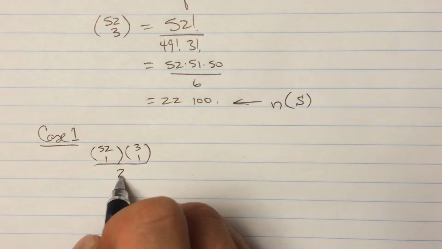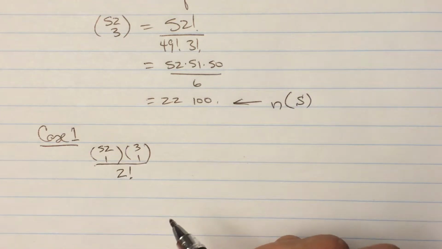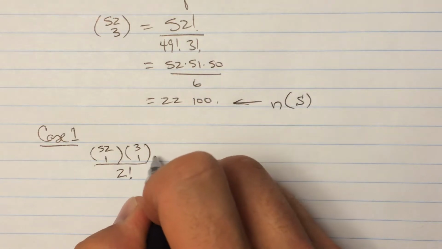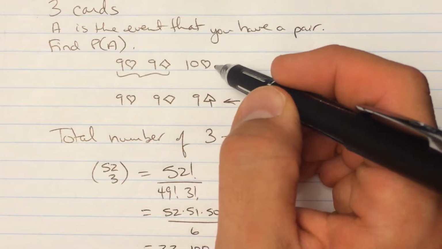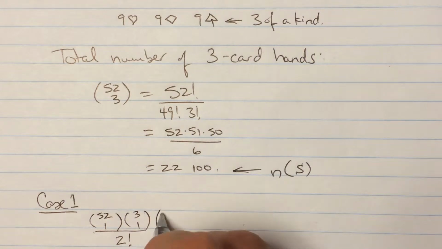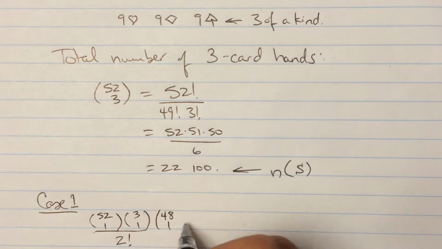So we need to divide by the number of ways to arrange those 2 items, which is 2 factorial. Then, once we've selected those 2 cards, if we're doing the version where we have exactly a pair, we only have 48 remaining cards, because we're not allowed to use the 9s anymore, and we're going to choose one of those.